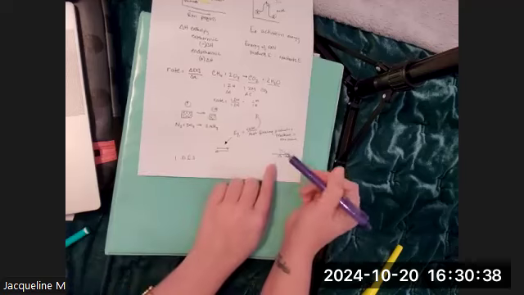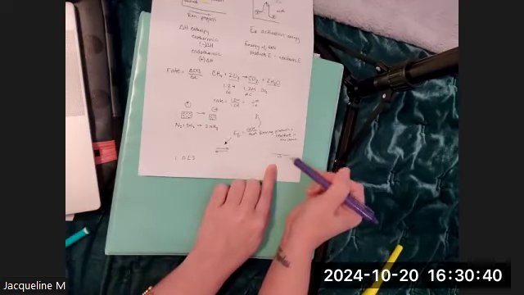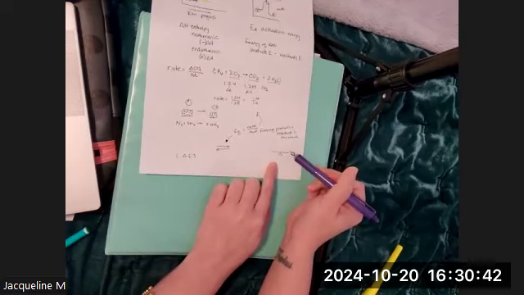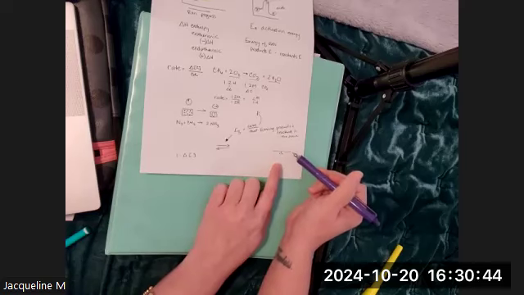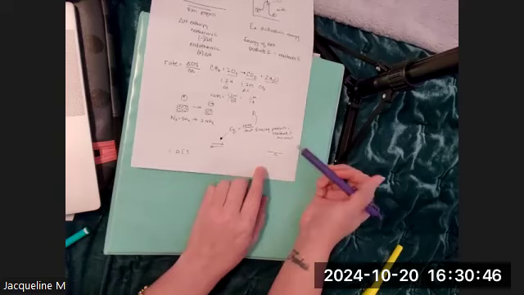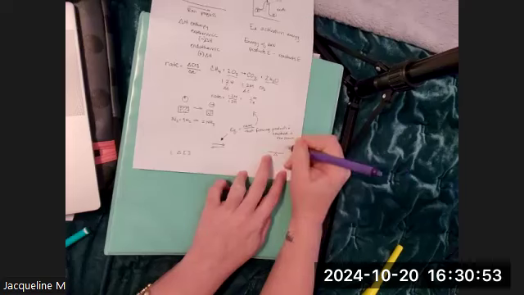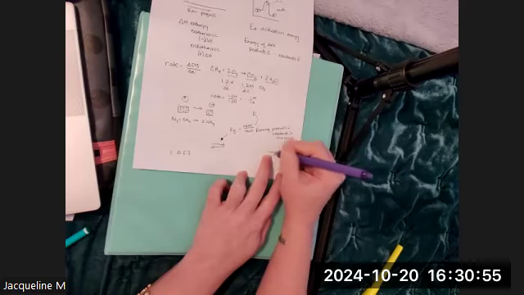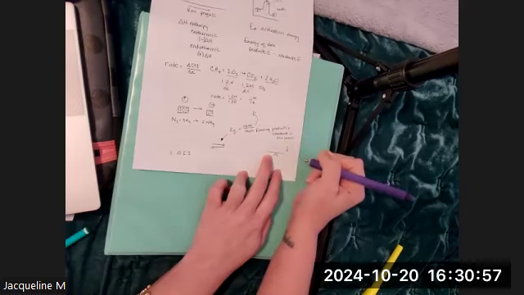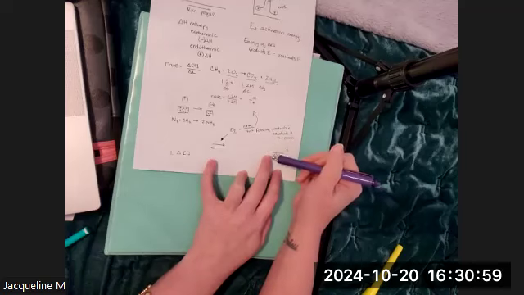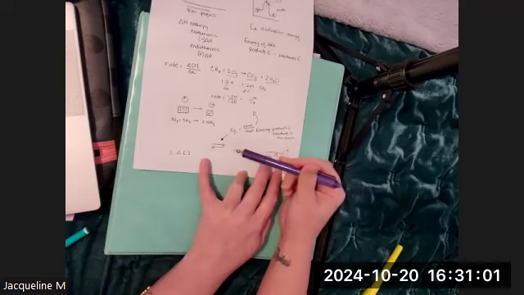We have the same thing going on over here as we do over here. But when we add a little bit more to one side, what's going to happen to the other? Well, this comes down, this goes up, and we will need to add more over here to reach that equilibrium again.